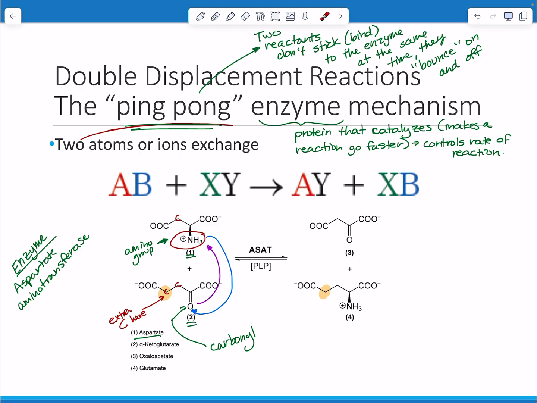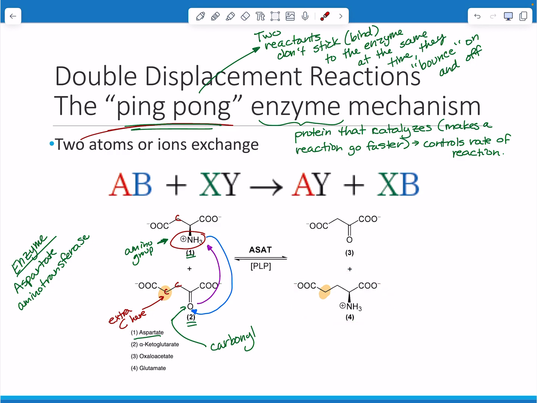If the levels of this are too low or too high, you know there's some type of malfunctioning in the liver. Also, just a quick note: this is a molecule called glutamate.